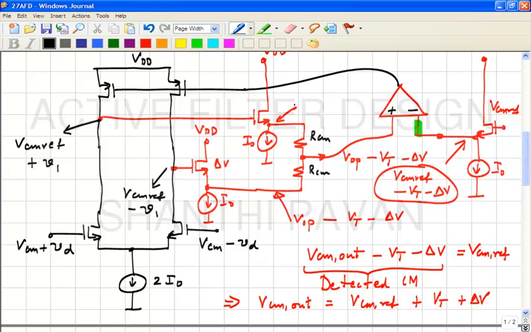So, what will happen to this voltage? Under what condition? So, what will be the total voltage at that node? The quiescent voltage, which was VCM ref minus delta V minus Vt, plus small v1, and why is it, under what conditions will it be plus v1?